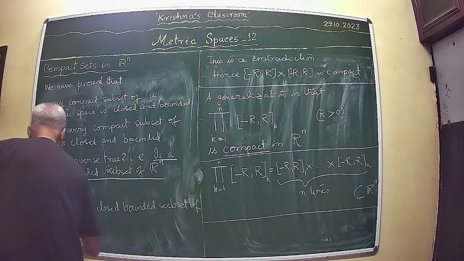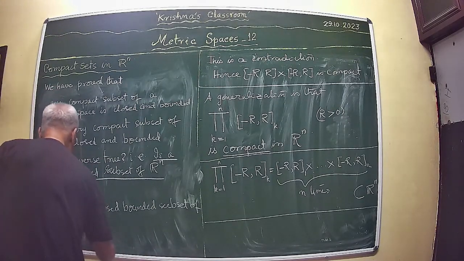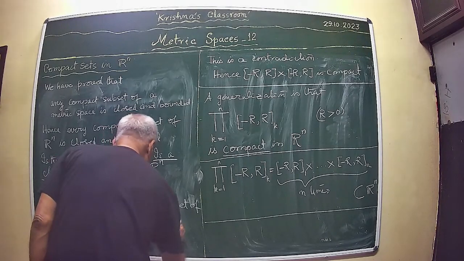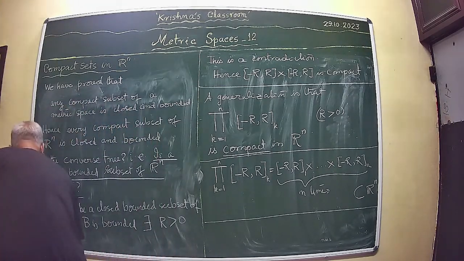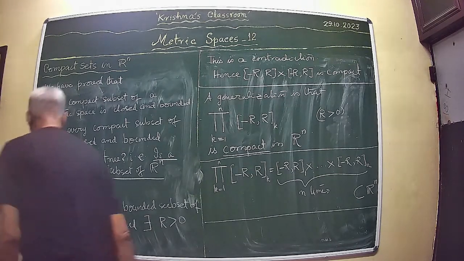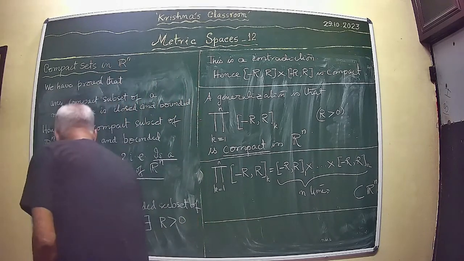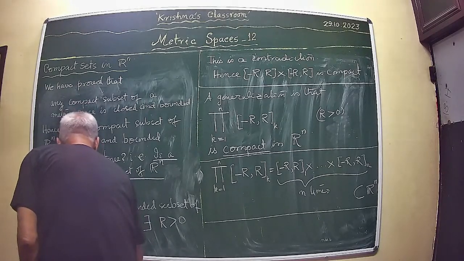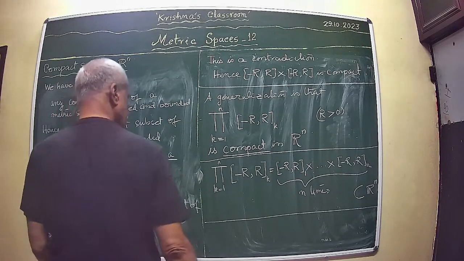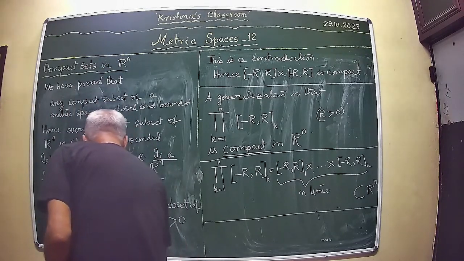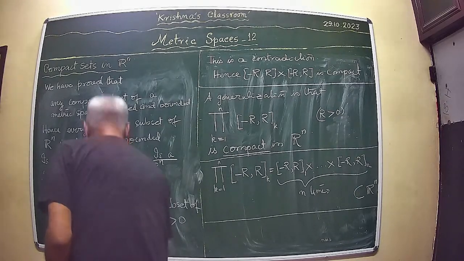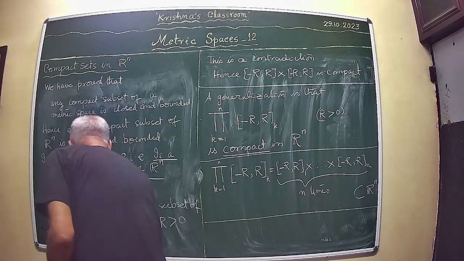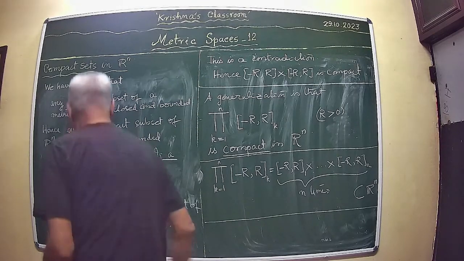Since B is bounded, there exists R positive such that B is enclosed in a cell.